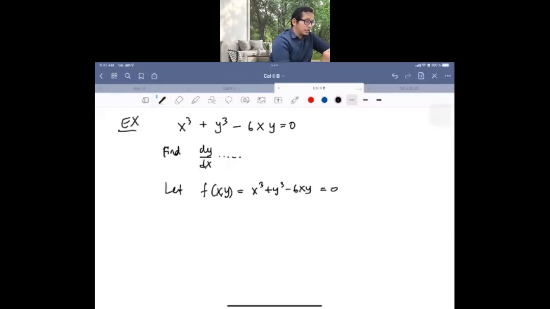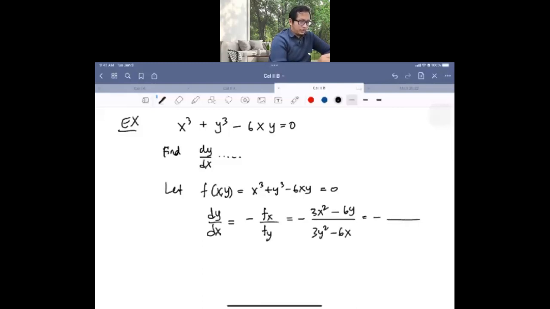So we can start by taking this, and then we can have a partial. So partial x, we will have 3x squared minus 6y, and partial y will be 3y squared minus 6x. Or we have x squared minus 2y and y squared minus 2x.